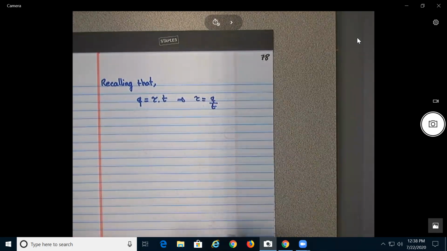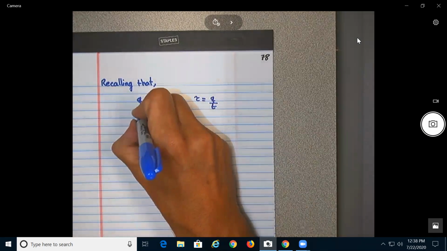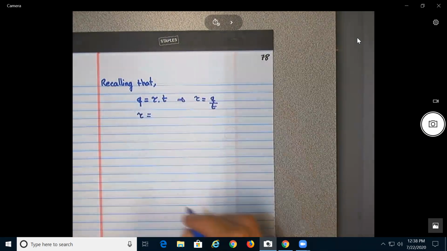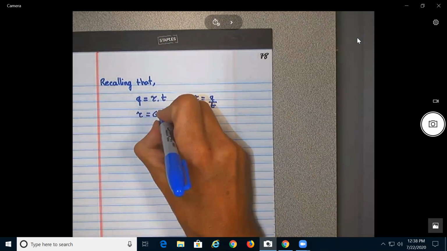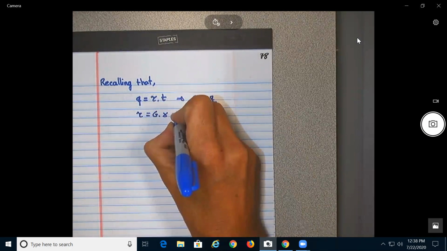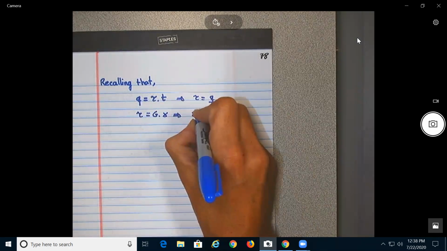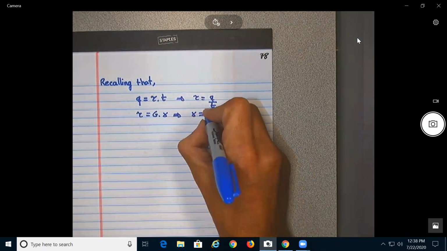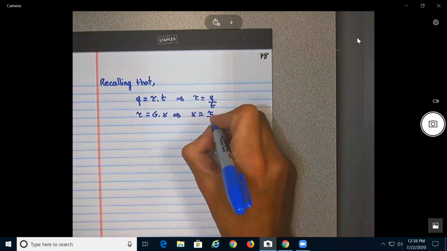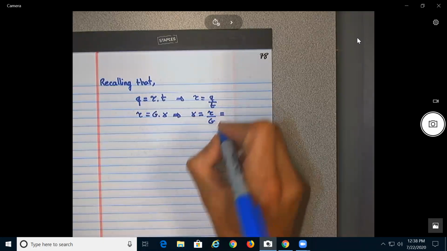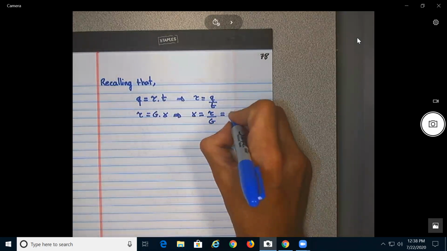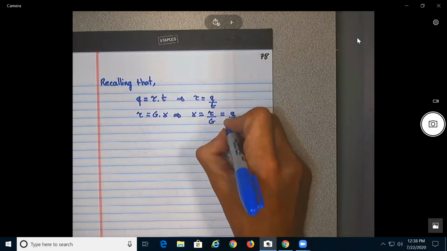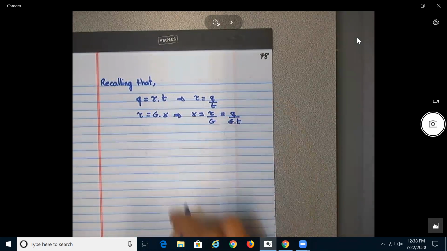Okay? And now, I'm not going to do it again, but what would be the Hooke's law for shear? Is tau equal to G gamma. So this will give you that gamma is equal to tau over G, which will be equal to Q over GT.